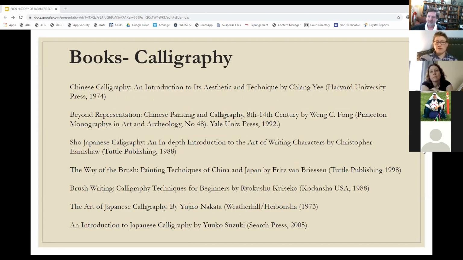You can usually find that one on Paperback Swap, or you can find it on thrift books. I really recommend finding that book if you really want to learn Japanese painting techniques or calligraphy in general. But Sho Japanese calligraphy and The Way of the Brush, those 2. I would say go with those, if any.